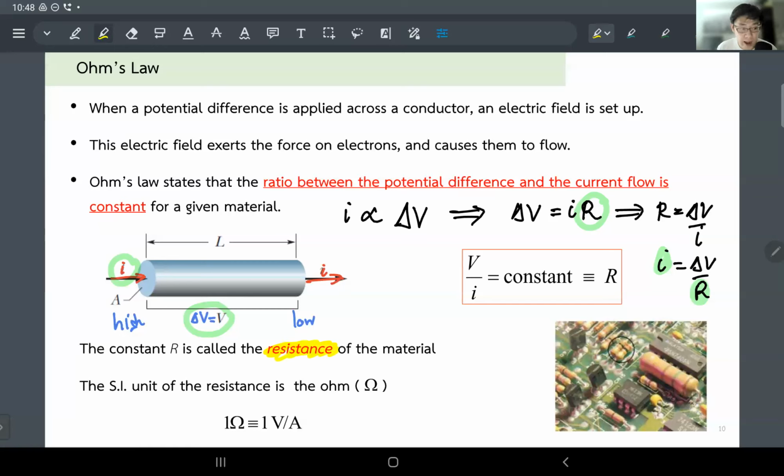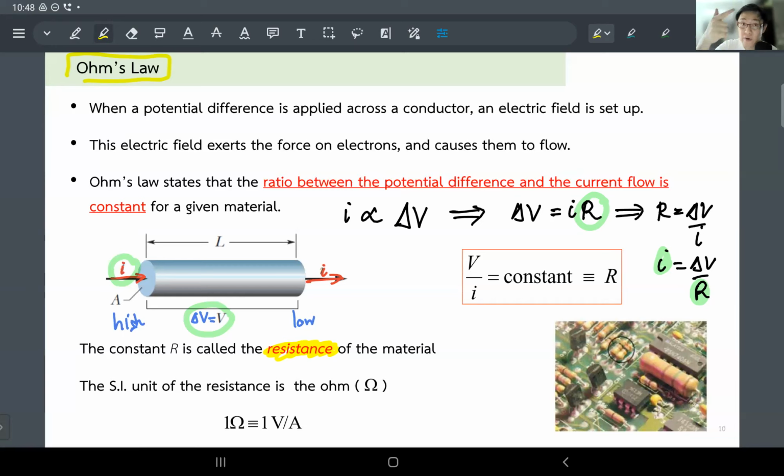Cool. And the whole relationship between the potential difference, the current flow, and the resistance in any wire, we call this Ohm's law. I think you have heard of this one already. So you have Ohm's law in your hand talking about the relationship between these parameters: potential difference and current flow.